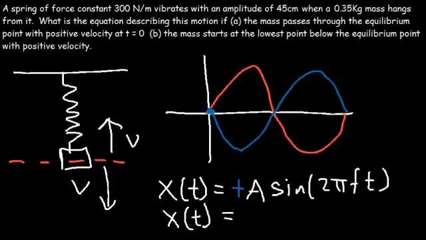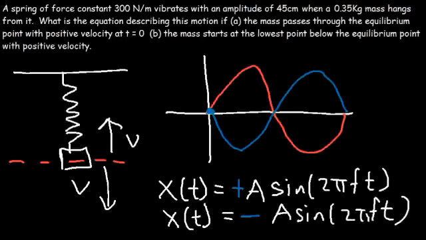Instead of being positive sine, it's going to be negative a sine 2 pi ft if it was going in the negative y direction. So anytime it starts at the equilibrium position, use the sine function. If it goes up, use positive sine. If it's going down from the equilibrium point, use negative sine.